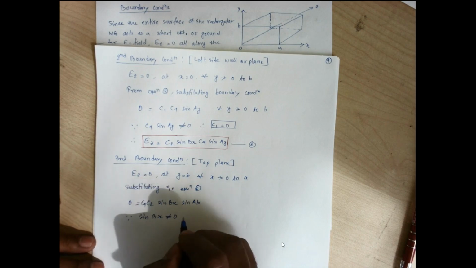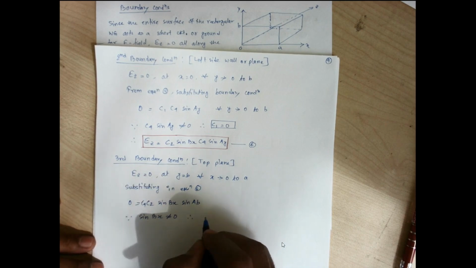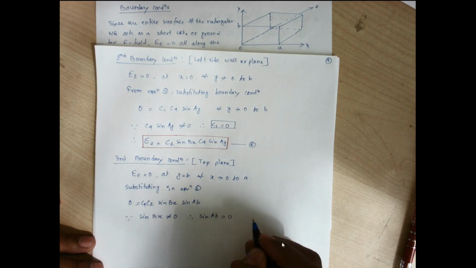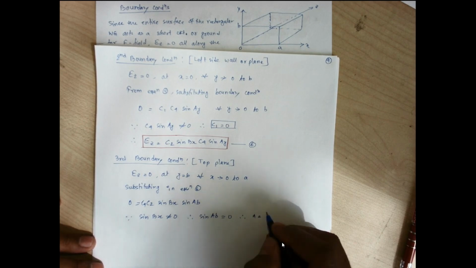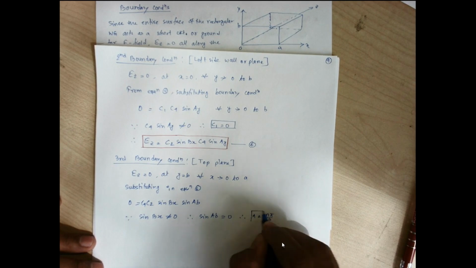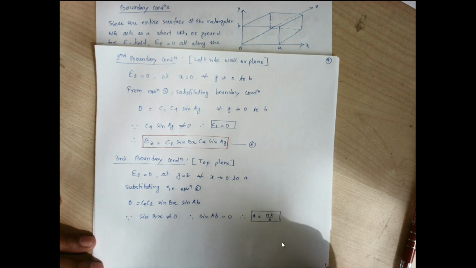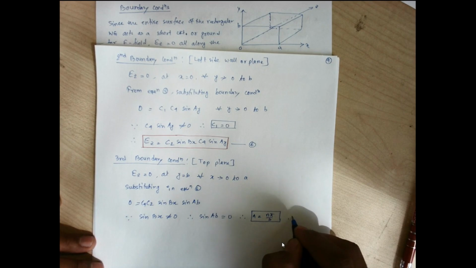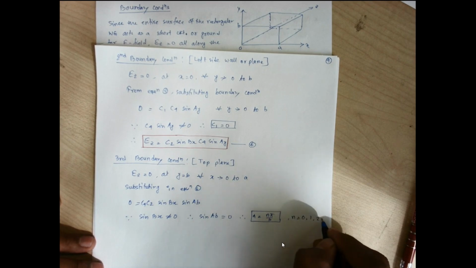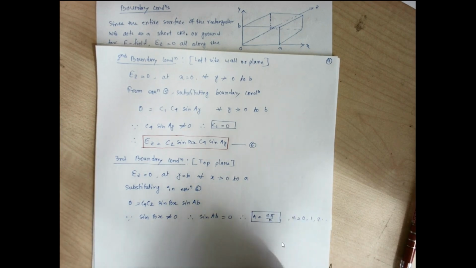We can consider sin ab is equal to 0. Therefore, a is equal to n pi by b, where n is equal to 0, 1, 2, like this. So we have our a.